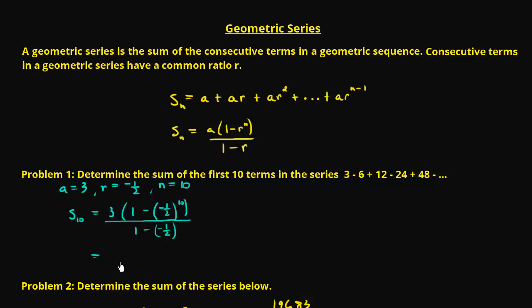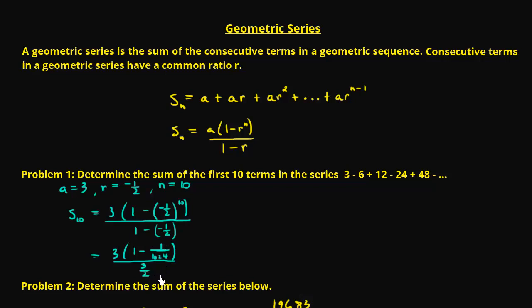If we go ahead and do some arithmetic here, we get that this is 3 times 1 minus, let's see, what is negative 2 to the power of 10? Computing this, 2 to the power of 10 is 1024, so we have 1 minus 1024, all divided by 1 plus 2, which is just 3.